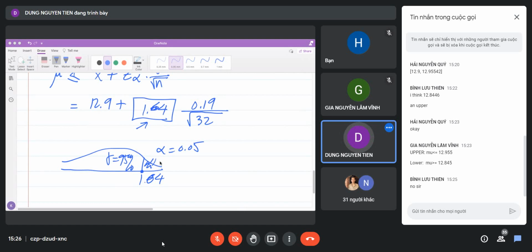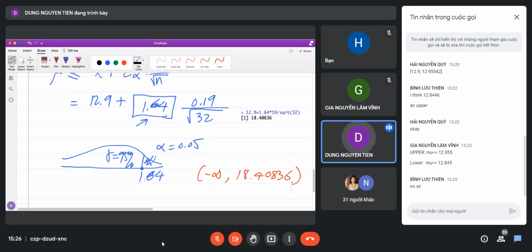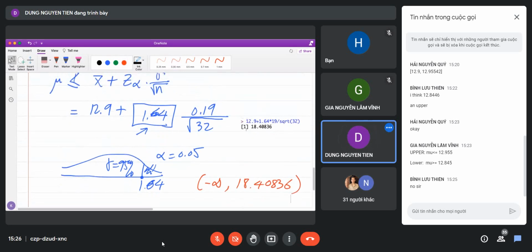And you get 18.40836. And then you have the confidence interval, which is minus infinity to 18.40836. Understand? This is your right-sided confidence interval. Okay. Is there any question so far? Is that all clear?